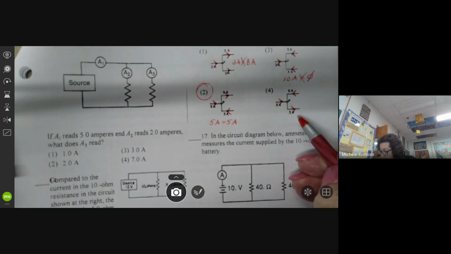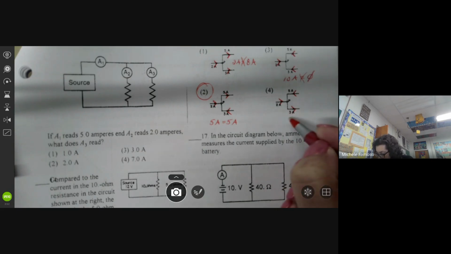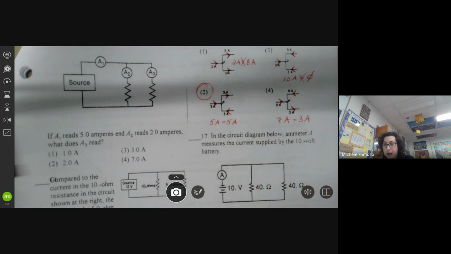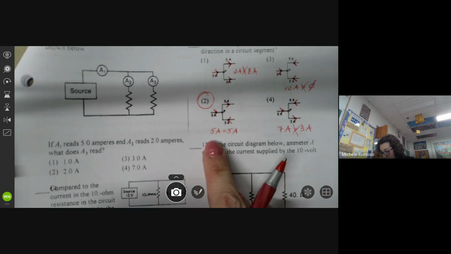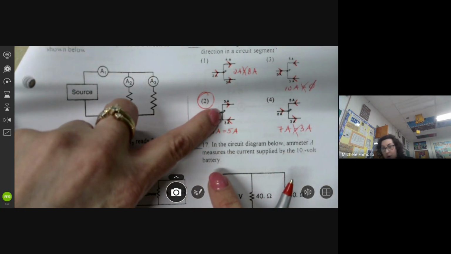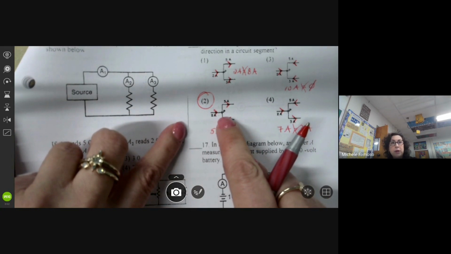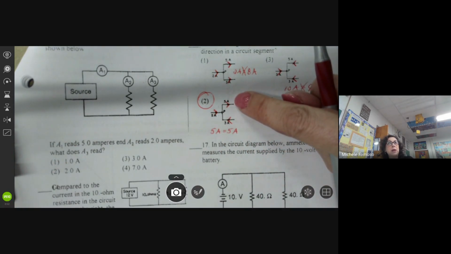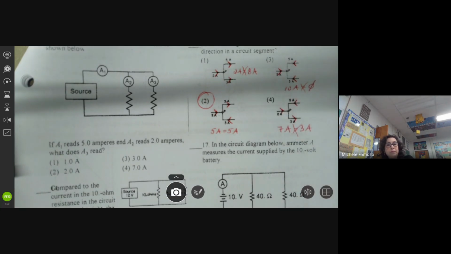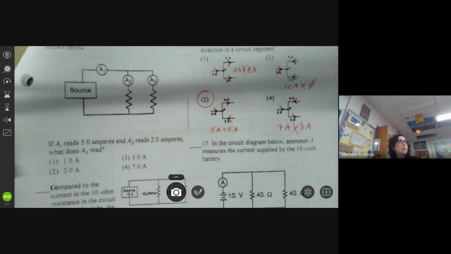In number 4, I see 2 amps and 5 amps going in. That's 7 amps and 3 amps coming out. That cannot be. The only one where the equality works is choice 2, where the 2 amp arrow is going into the point and the 3 amp arrow is going into the point, and the 5 amp arrow is coming out of the point. Okay? And that's why it's choice 2.